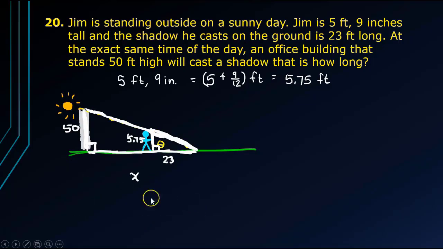Putting them together, we know that we have this triangle here and this other triangle here, which are sharing this same angle here. And so what we basically have here is the 50-foot building.